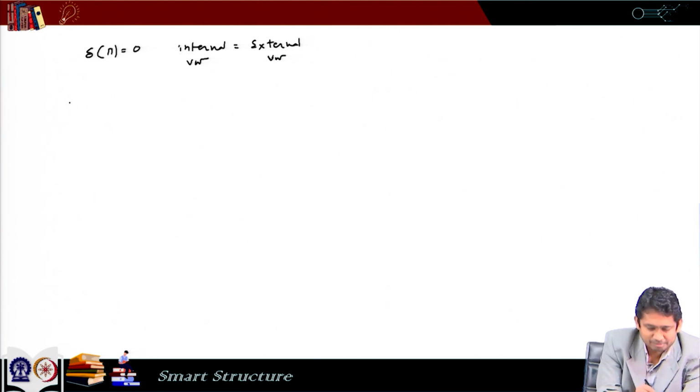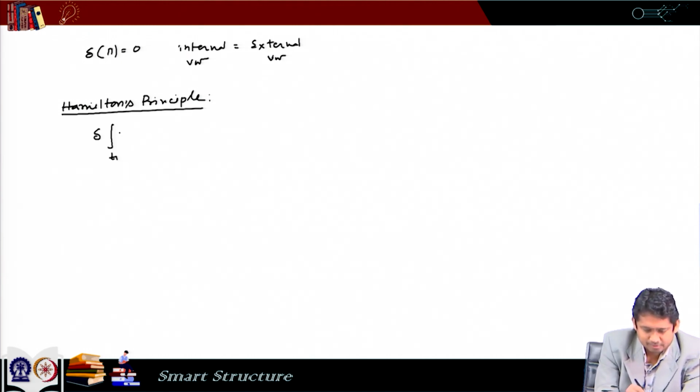So, here we have something called Hamilton's principle, which says that the variational indicator delta of the integral of T minus U plus V between any two arbitrary time steps t1 and t2 is 0.